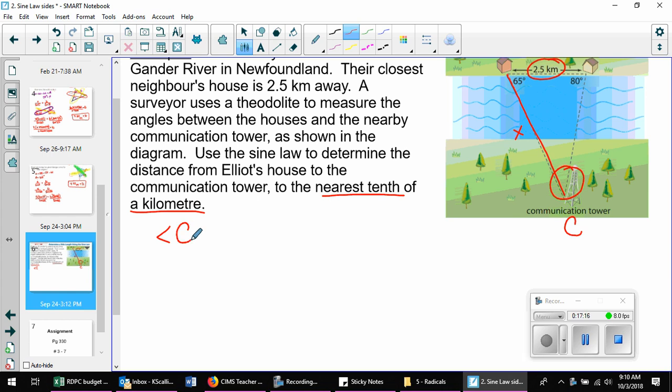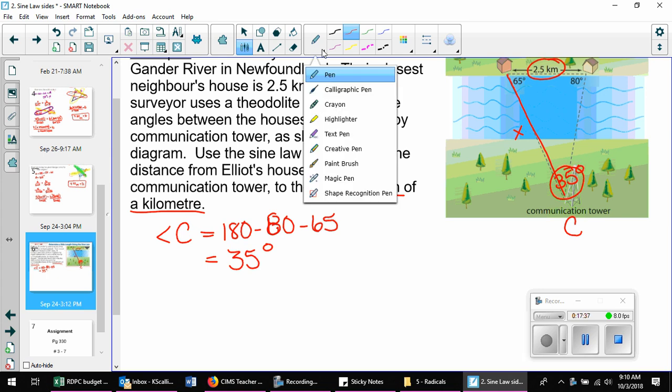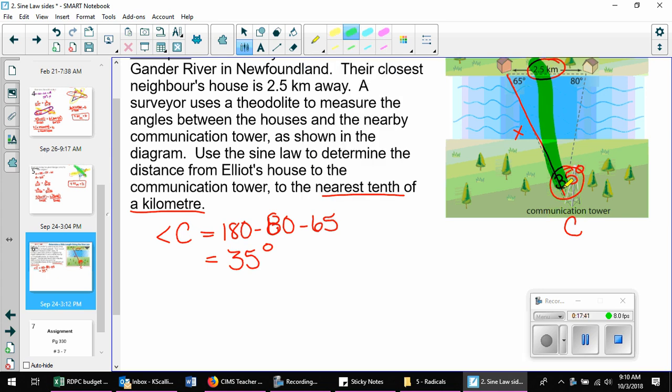It's a little bit different than a greater than or less than sign, but I always draw it the exact same. So 180 minus 80 minus 65 is going to give me 35 degrees. So now I have my matching set. So this one's 35 degrees. So that's my matching set.